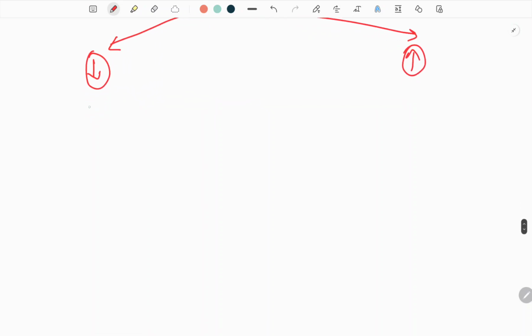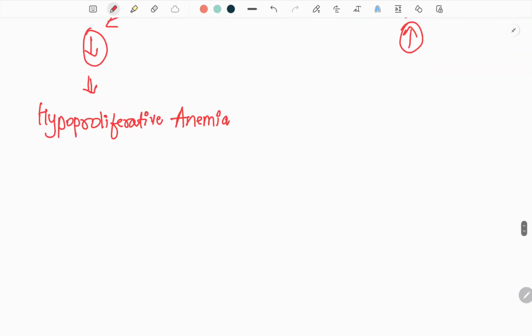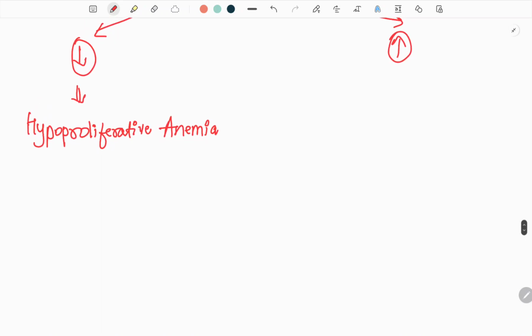So if it is at a lower side, it is known as hypoproliferative anemia. Very, very important concept. Hypoproliferative anemia. Okay. And if retic count is at a higher side, it is known as hyperproliferative anemia. Okay.